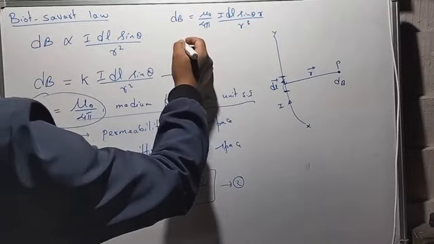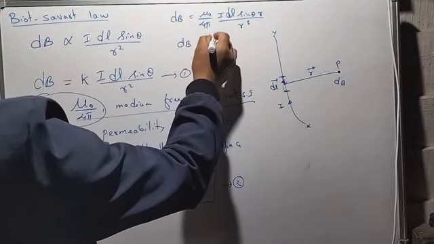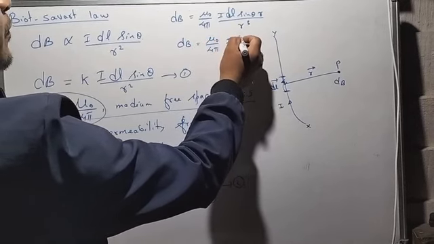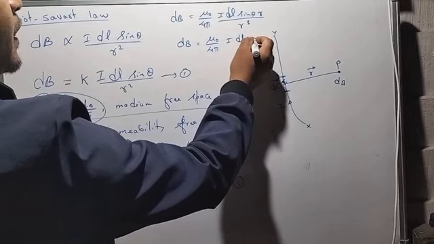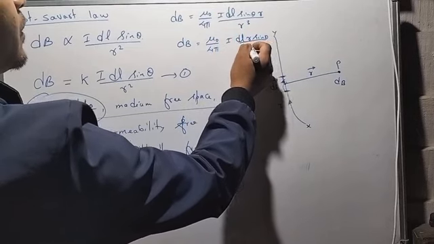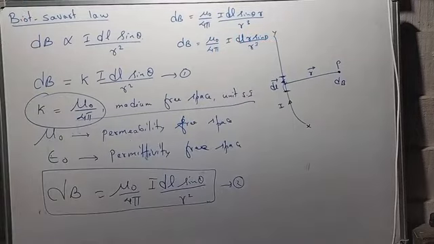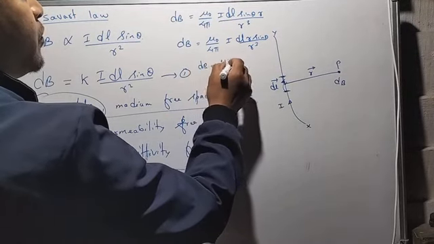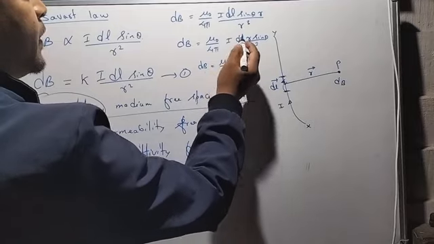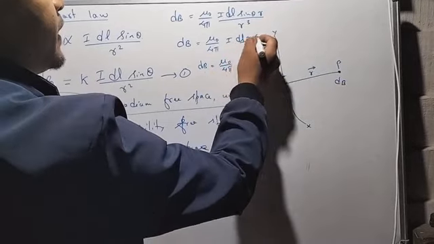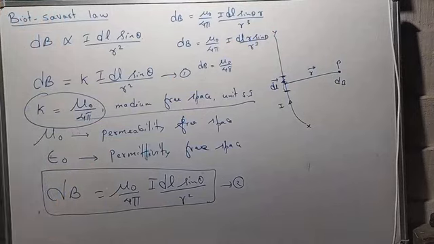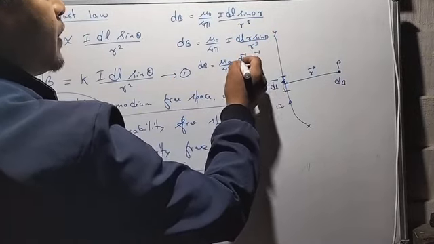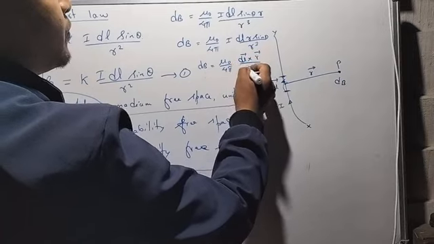Then dB equals mu naught upon 4 pi I, and rearranging the terms, dl r sine theta upon r cube. Now, what is this dl r sine theta? It equals dl cross r. So dB equals mu naught upon 4 pi I dl cross r upon r cube.